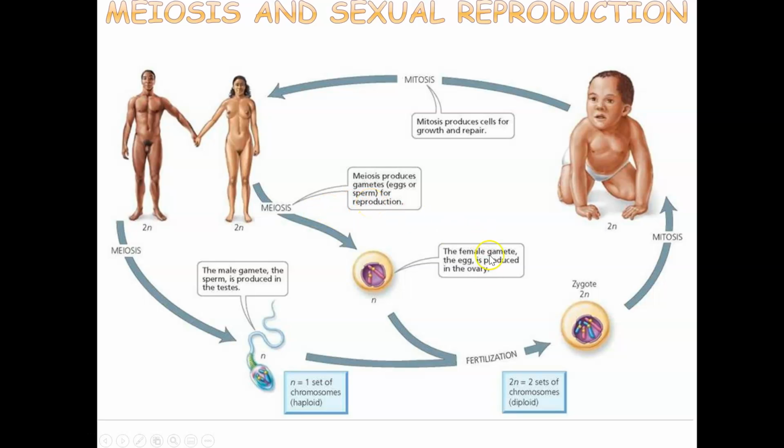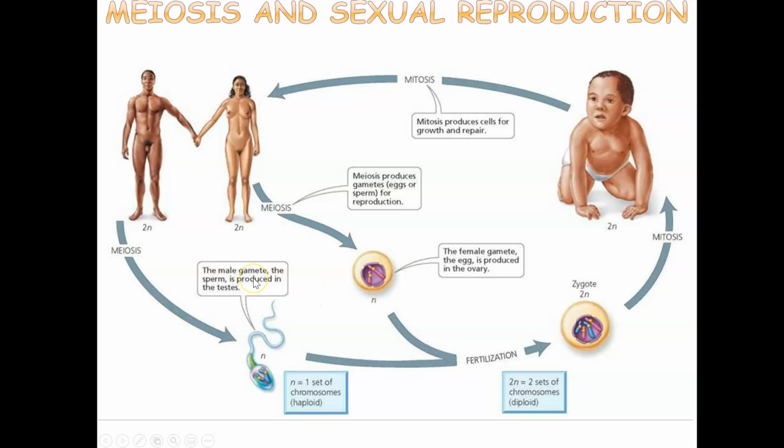Right over here, this is an egg cell. These sperm cells and egg cells are produced through the process of meiosis in the testes and in the ovaries, depending on what type of cell we're talking about.